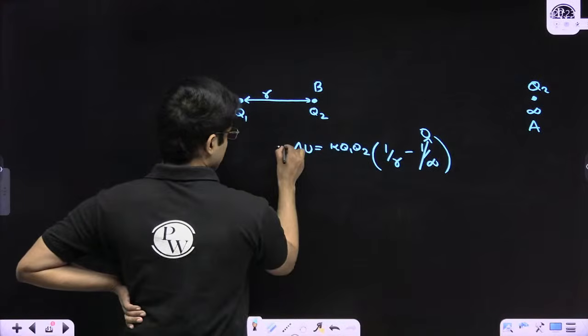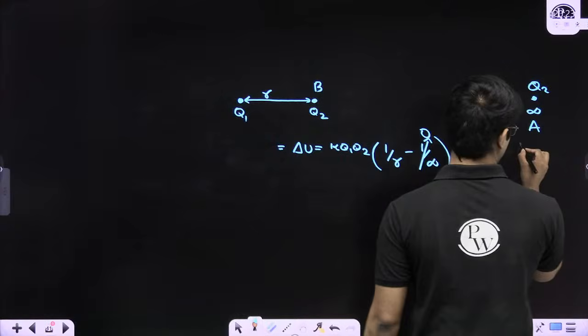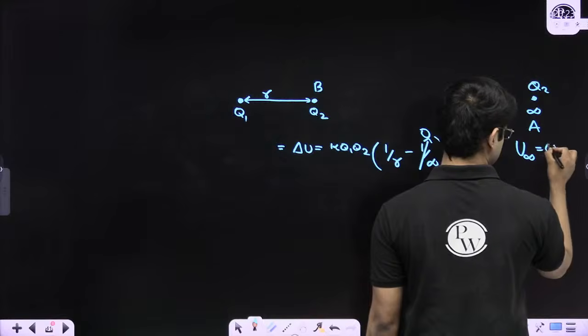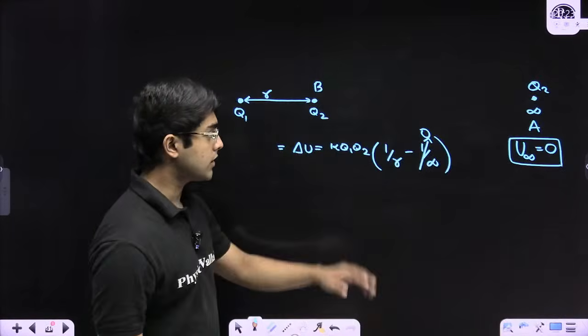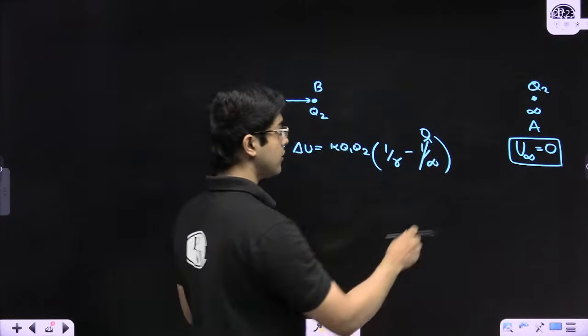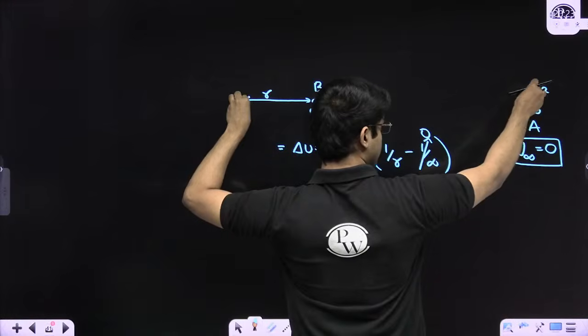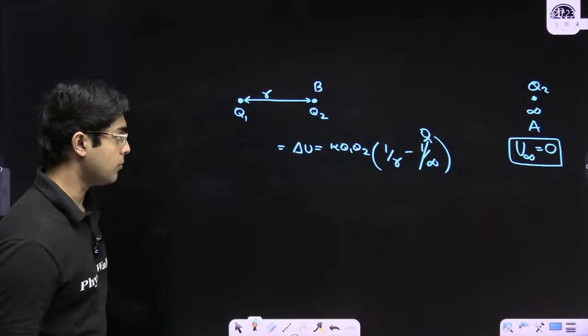And also we are choosing the infinity as a reference point. We are choosing the potential energy at infinite separation as 0. This is mainly just a convention, but you can also think of it like this. When these charges are infinitely far away, there is no interaction between them, right? So the potential energy, you can treat it like 0.